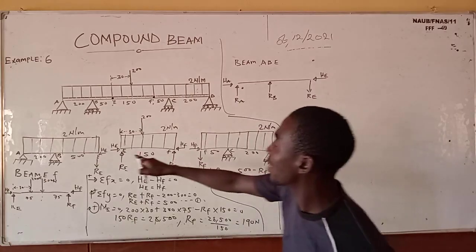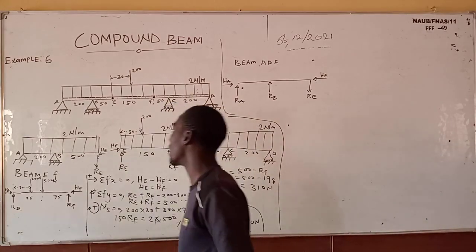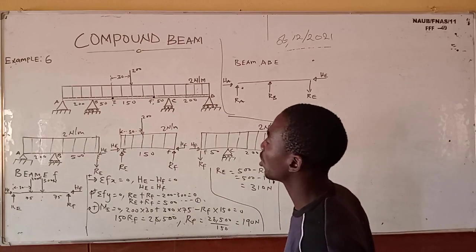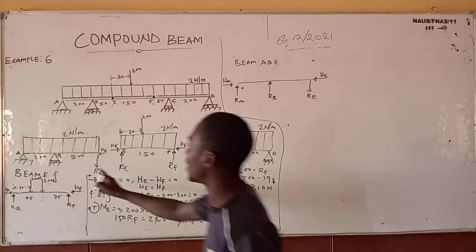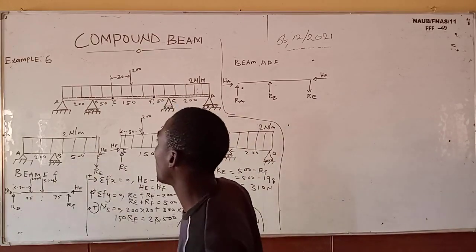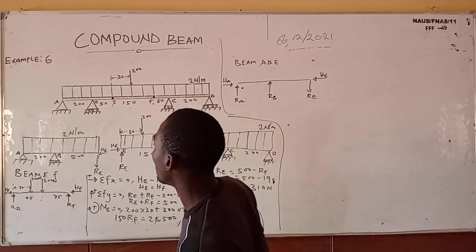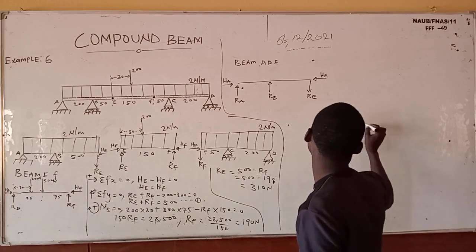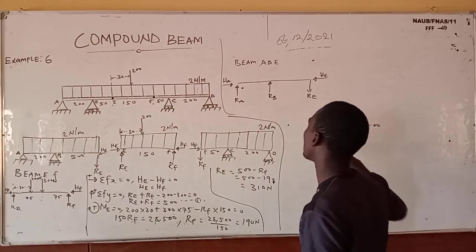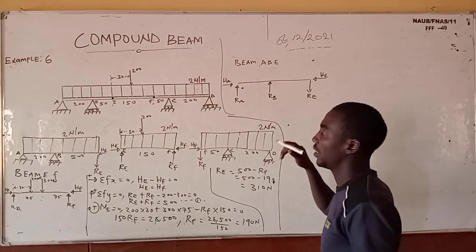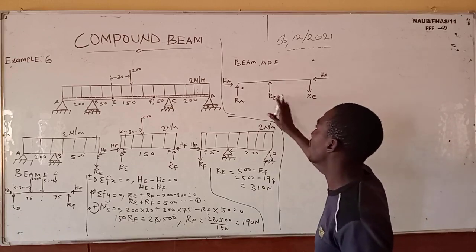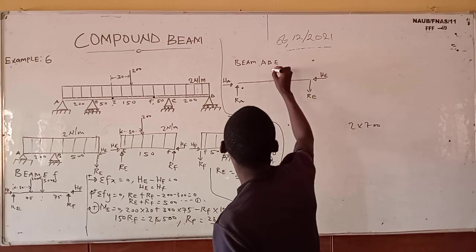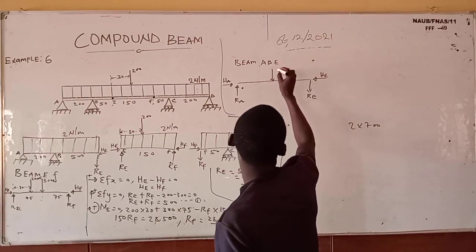From here we'll convert the uniform distributed load to a point load, which is nothing but 2 times the total distance. Here is 200 plus 500, that is 700. So 2 times 700, which is 1400, and it acts at the center of this beam.